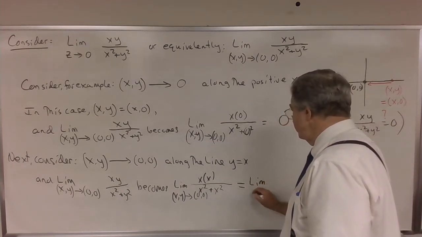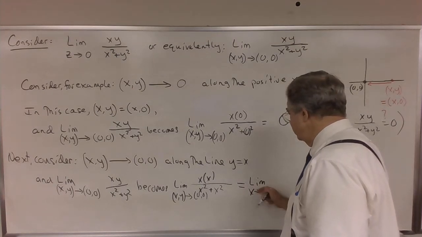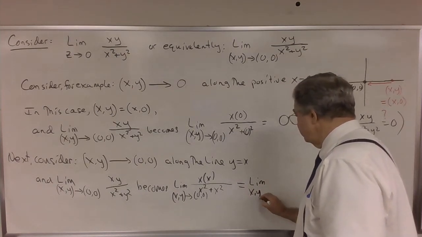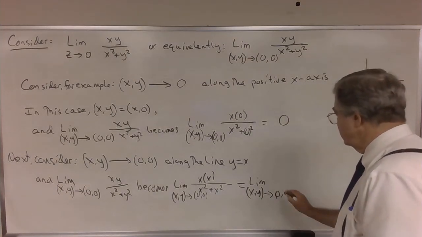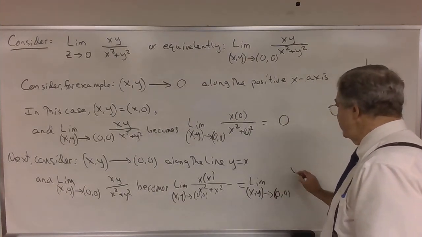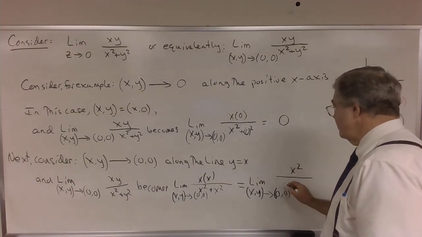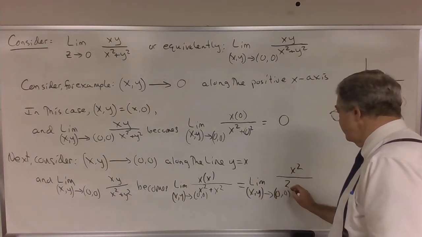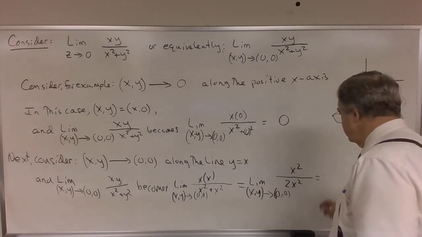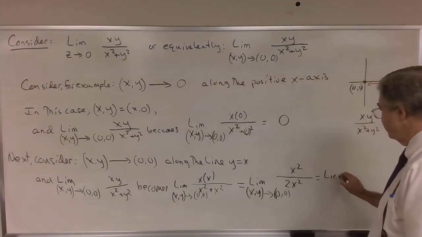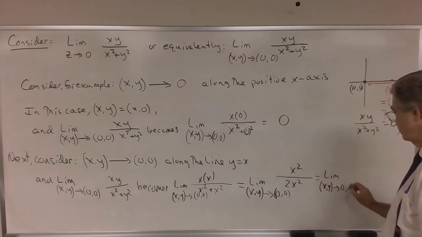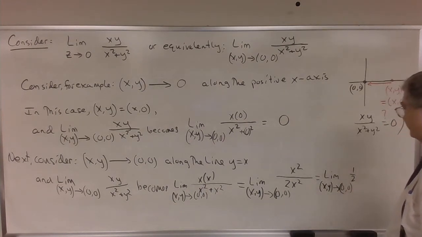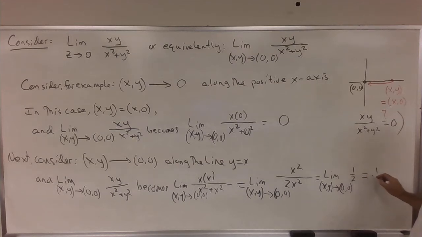So this is the limit as xy approaches the origin of x squared over 2x squared. So that's the limit as xy approaches the origin of 1/2. Well, the limit of a constant is just the constant itself.